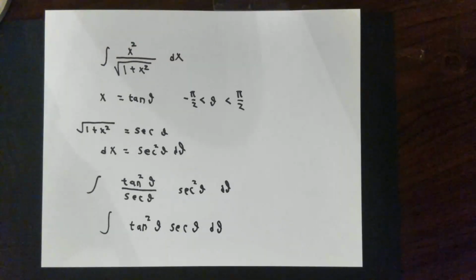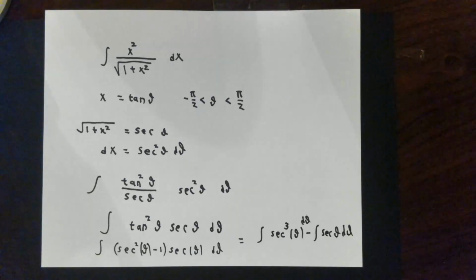The result doesn't exactly fit into any of our categories, but if we're a little bit sneaky about it, we can do something. 1 plus tangent squared is secant squared, so tangent squared is secant squared minus 1. That means that I am integrating secant cubed theta minus secant theta.